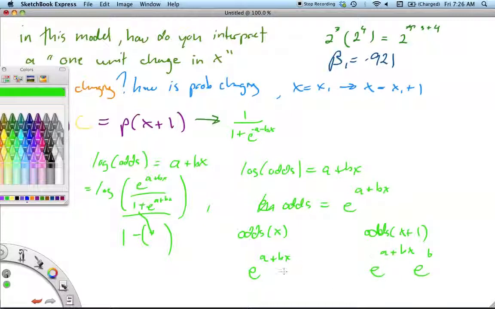So this means that c is equal to e to the b.